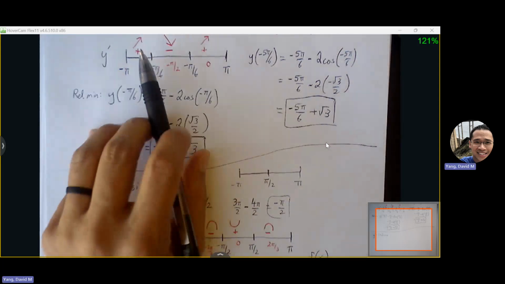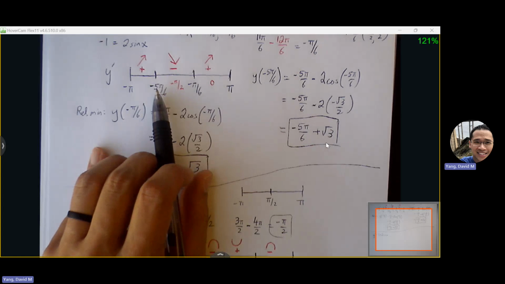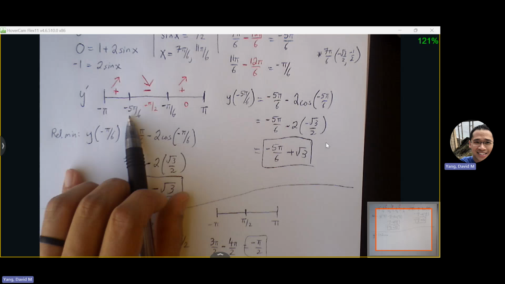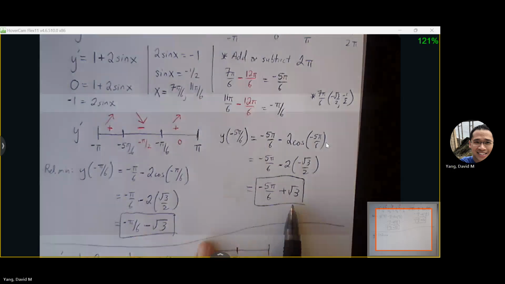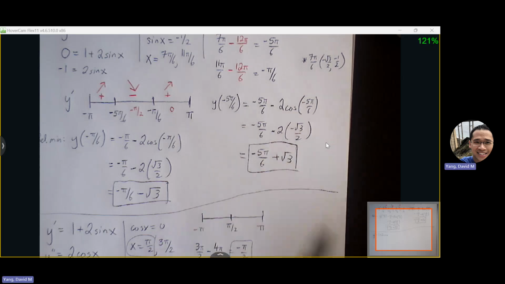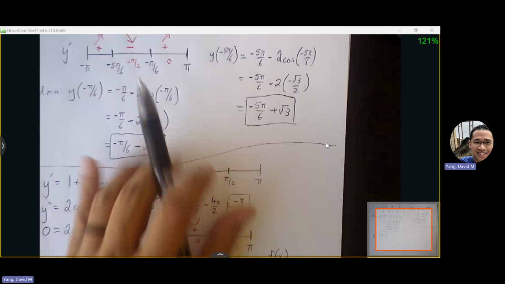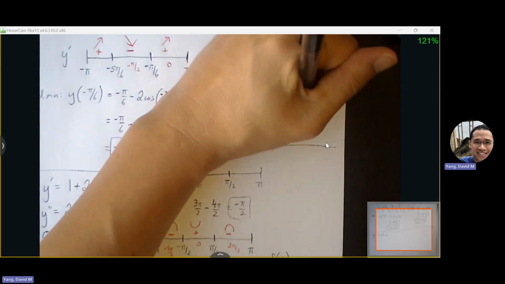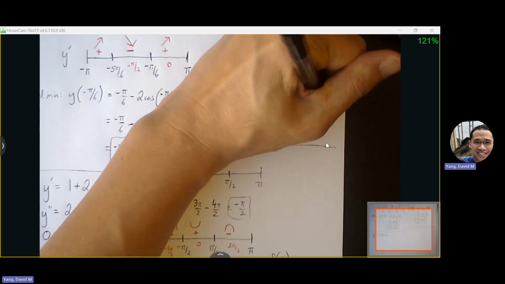Okay, so following the path of our sign line, we know we're expecting a relative max at -5 pi over 6, and that relative max, if we plug in the calculator here, it's going to be some negative value. We can plug in the calculator to get that approximated y value there. Like -0.9.